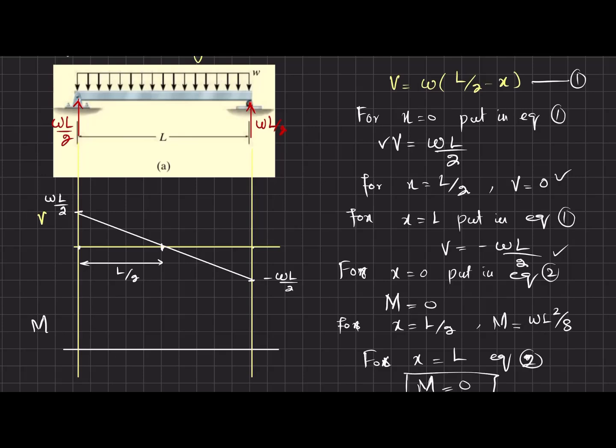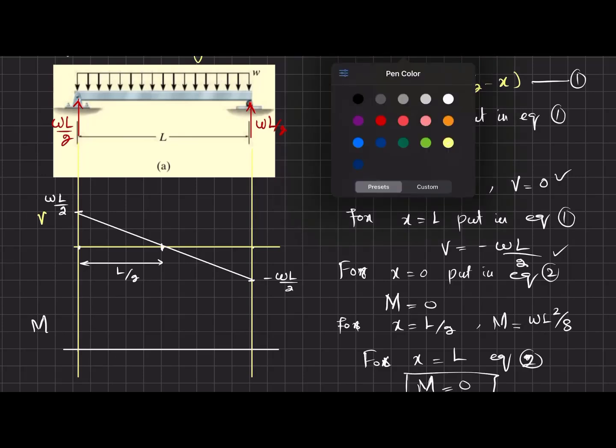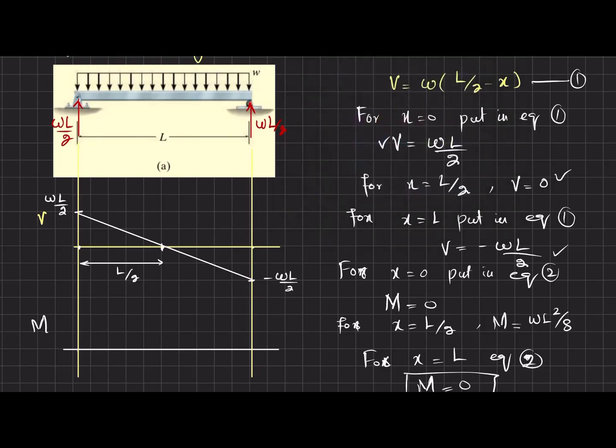Now we have 3 values. At x is equal to 0, we have moment equal to 0. At x is equal to L by 2, we have a moment WL square over 8. And at x is equal to L, we have moment 0. You can see that the shear force is a first degree line and the slope is decreasing, so the bending moment will be a second degree curve.